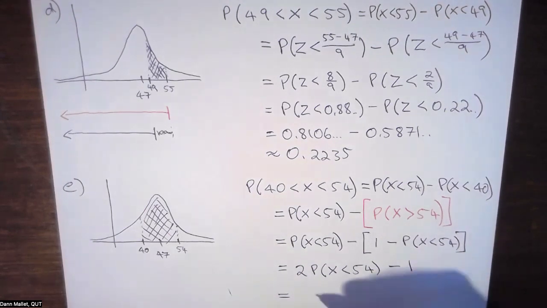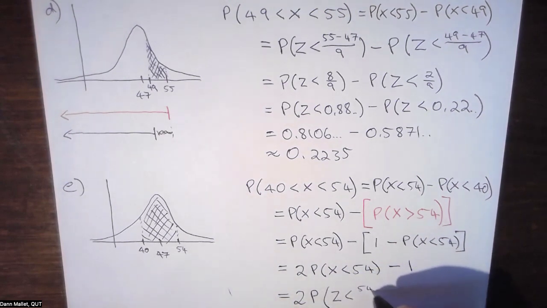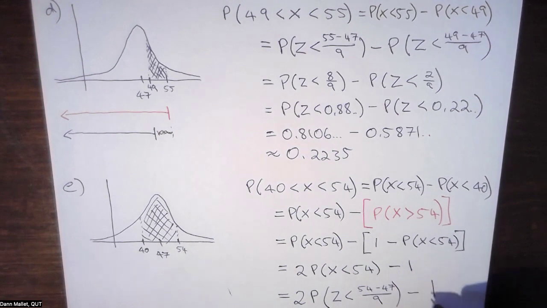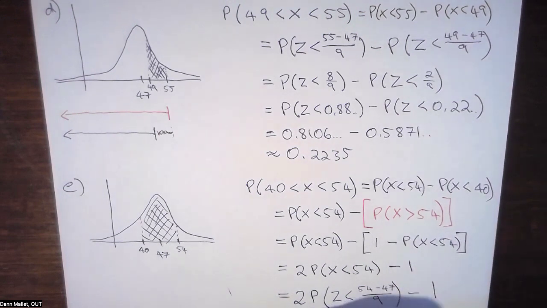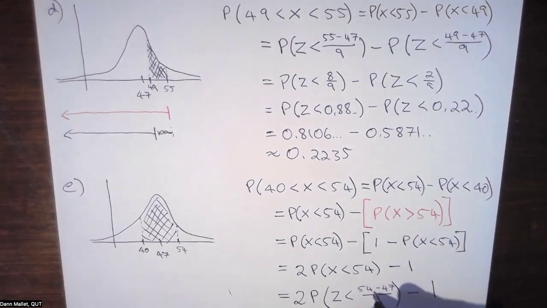Now we can move to standardizing or normalizing our X value. So we have 2 times the probability that Z is less than 54 minus 47 divided by 9. Take away 1 remains the same. That's 2 times the probability that Z is less than 7 over 9, or just straight to 0.77 occurring.